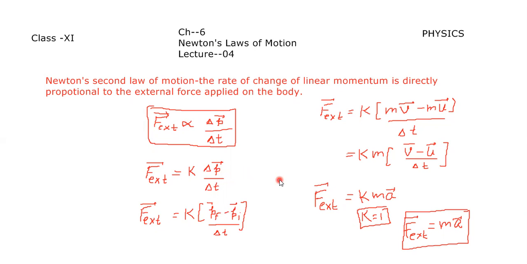So P final minus P initial. So F external equals K times mass into final velocity minus mass into initial velocity, upon T. So we get m(v minus u) upon t, and v minus u upon t is acceleration. So we get F external equals k into m into a.